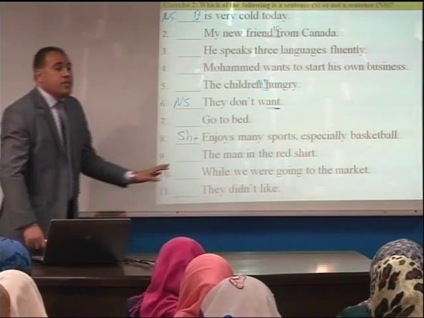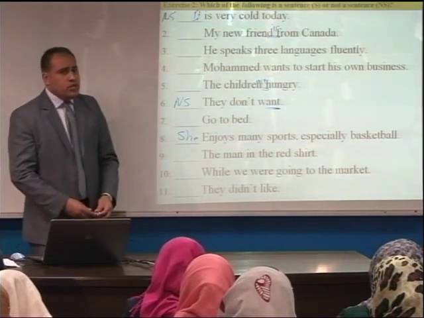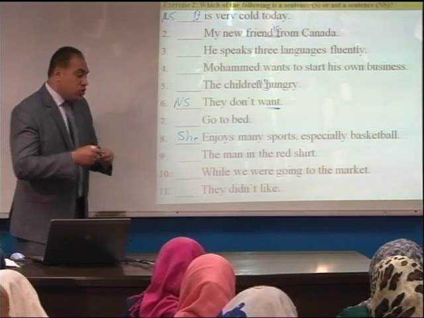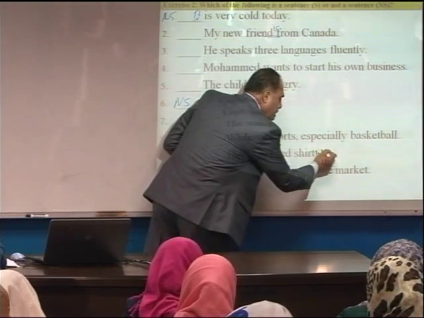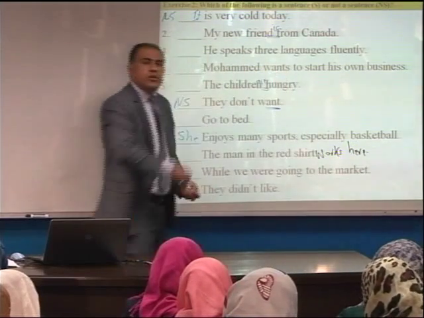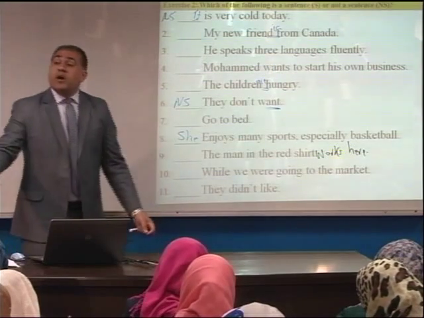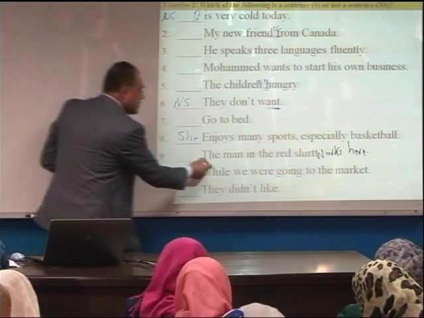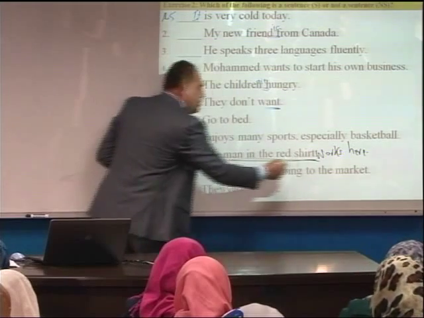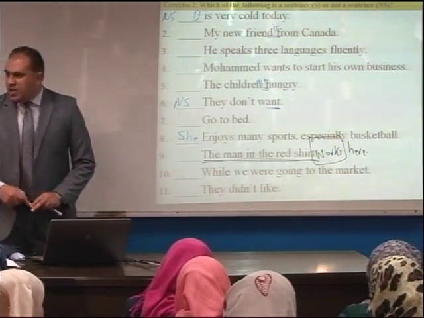For example, the man is in the red shirt, okay? Or the man in the red shirt works here, works in this company, works in this university, or the man in the red shirt is my uncle. So all of this becomes a subject to the verb works, and then the idea is complete.